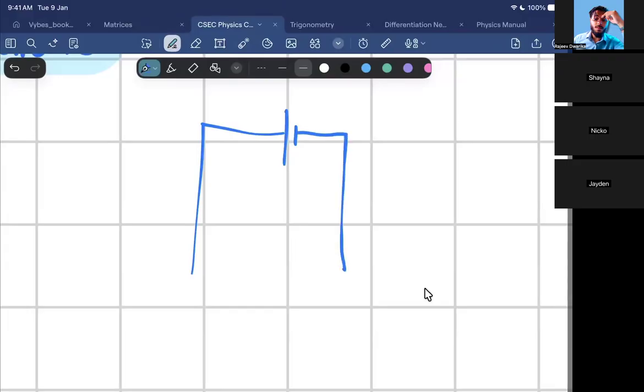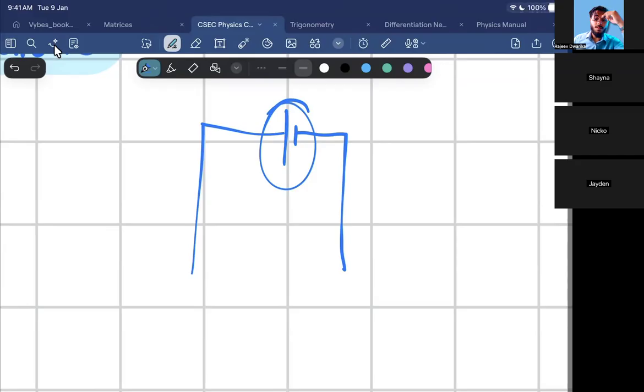Fast. Shina, what's the symbol over here? What's that? Tell me, Shina, what's that? Shina, talk to me.